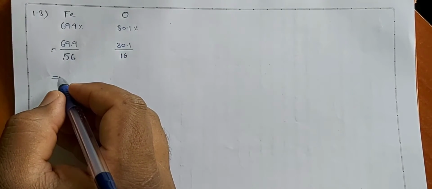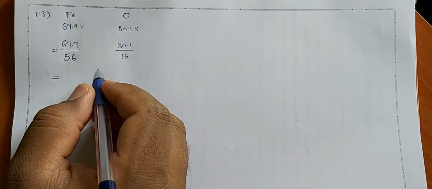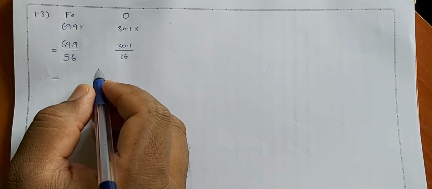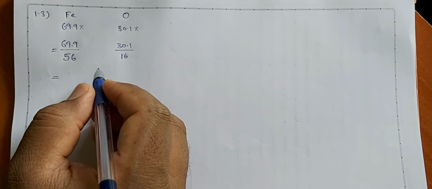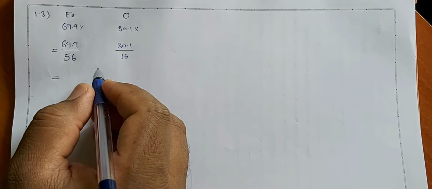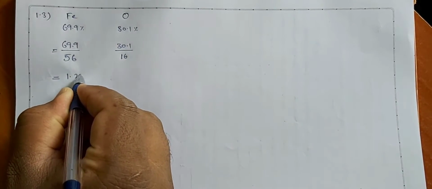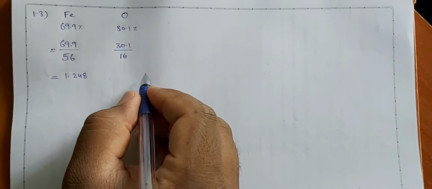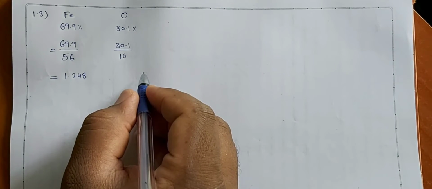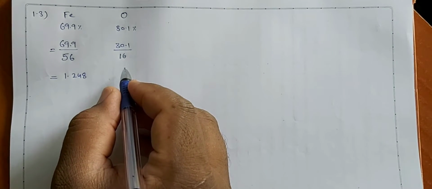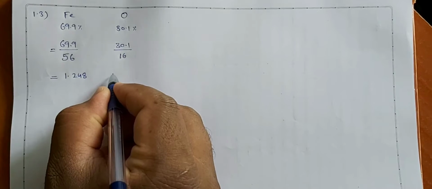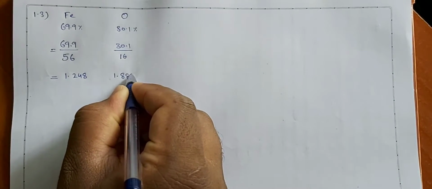We need to get this value. 69.9 divided by 56, 1.248. 30.1 divided by 16, that is 1.881.